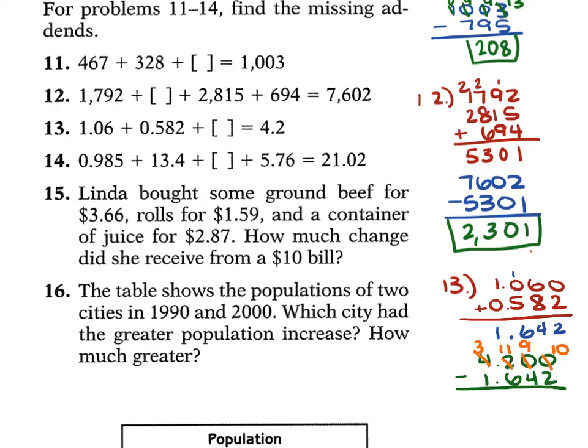So we're going to do the 10 minus 2, which is 8. The 9 minus 4 is 5. The 11 minus 6 is 5. We bring down the decimal point, and 3 minus 1 is 2. So 2.558.